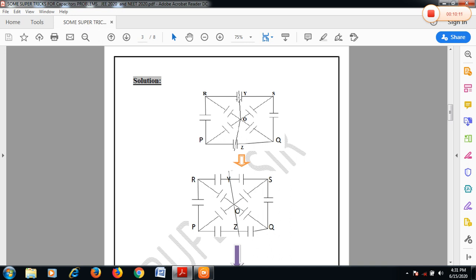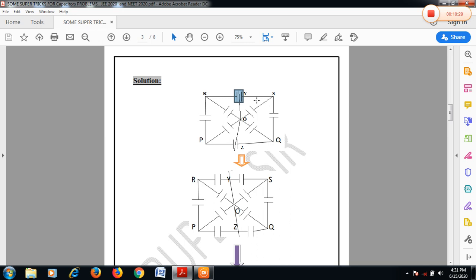Since the left hand side and right hand side are identical with respect to this symmetrical line, first we need to segregate this capacitor into two series capacitors.